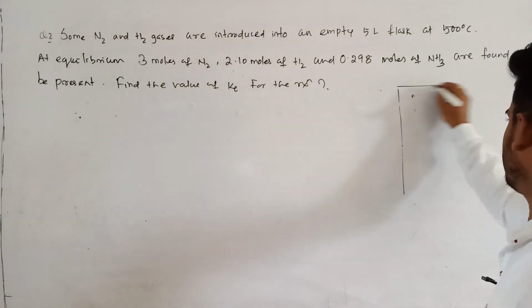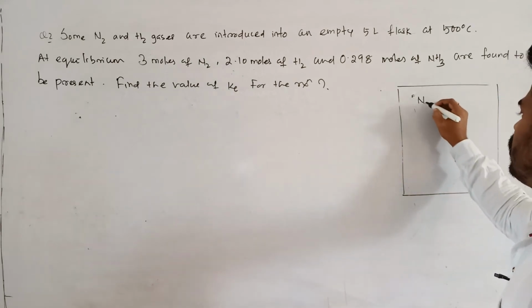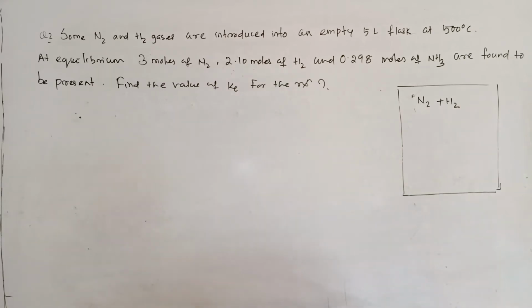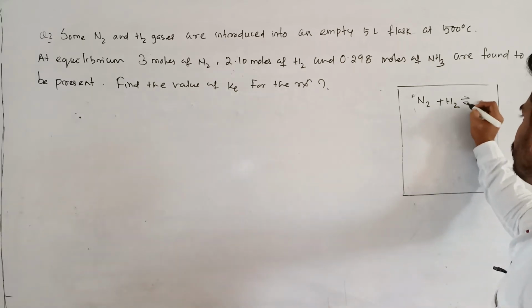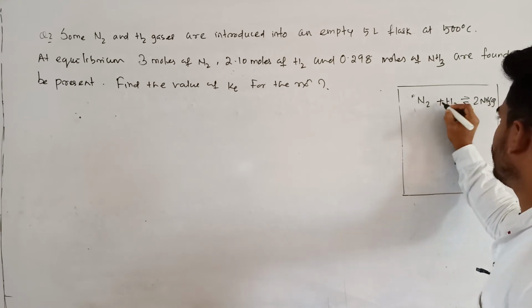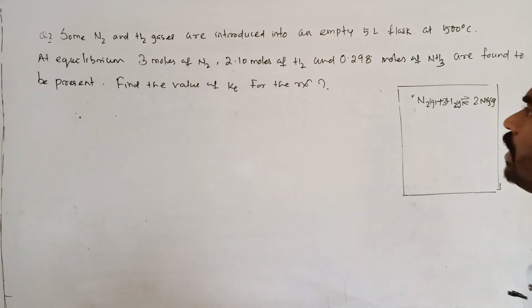Suppose this one is a container and some N2 and H2 gases are introduced into a 5 liter flask at 500 degrees centigrade. At equilibrium, you just write down the equation, N2 plus 3H2 giving rise to 2NH3.